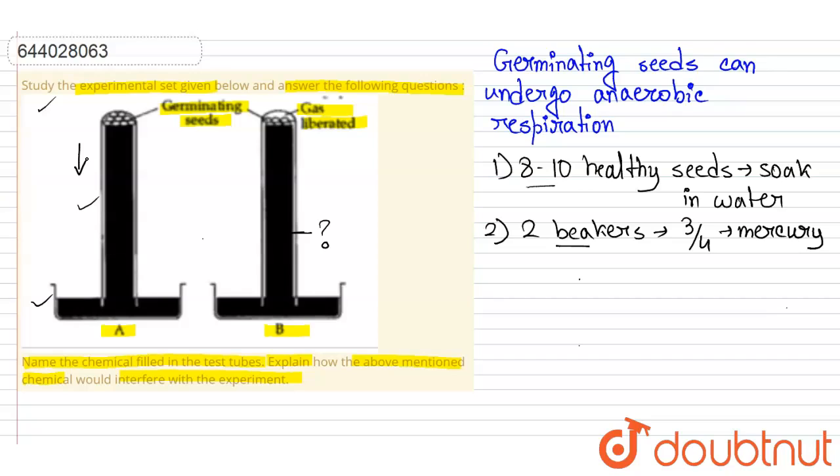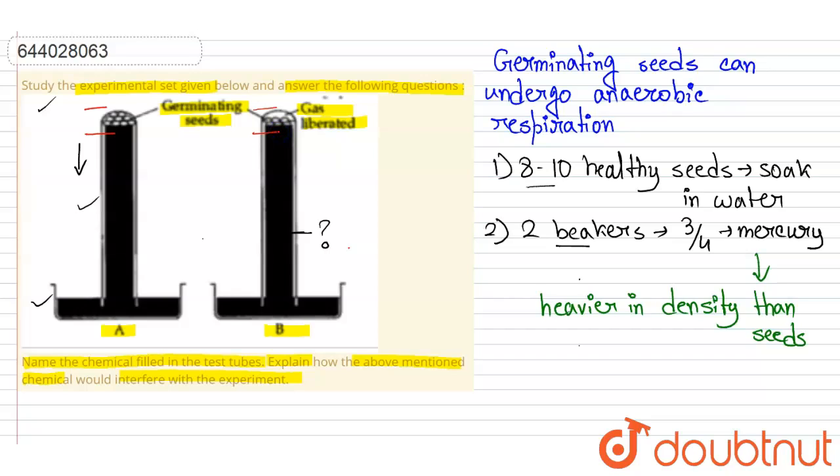As the mercury is heavier in density than the seeds, the seeds will be completely immersed in the mercury liquid, and they will rise to the top of the test tubes in both cases. Here we can see the germinating seeds are at the top of the test tubes in both cases.